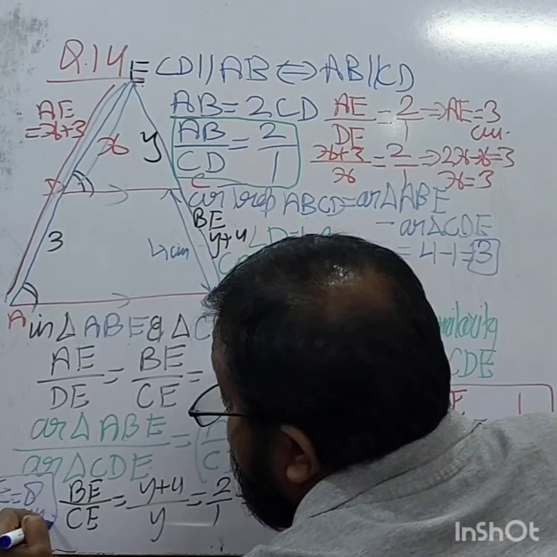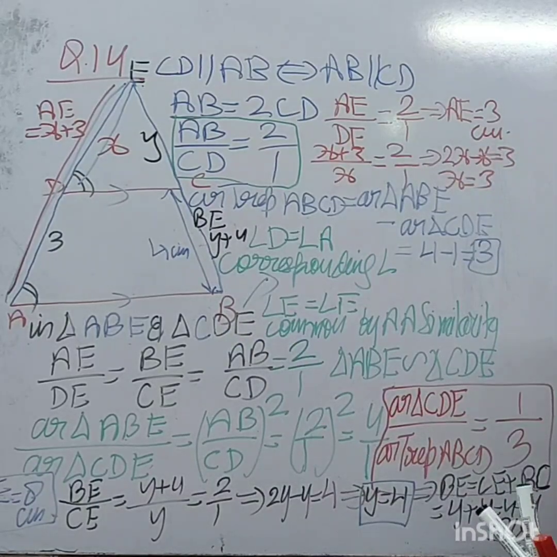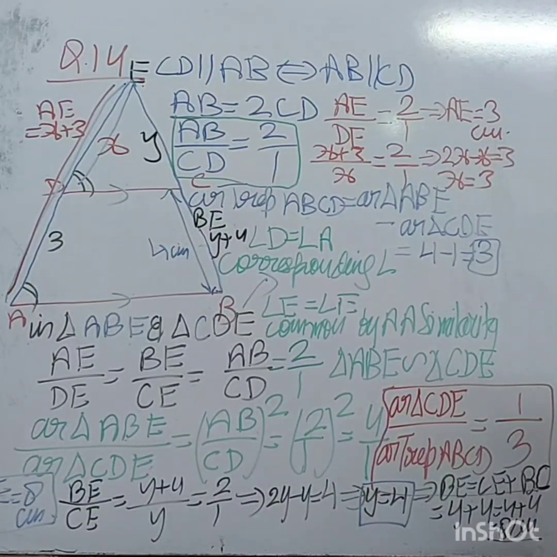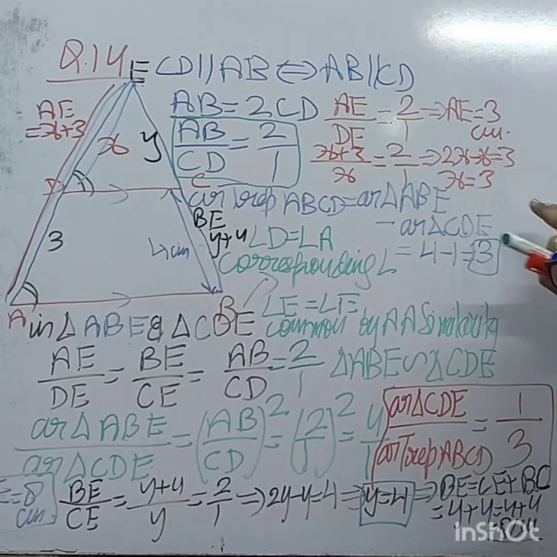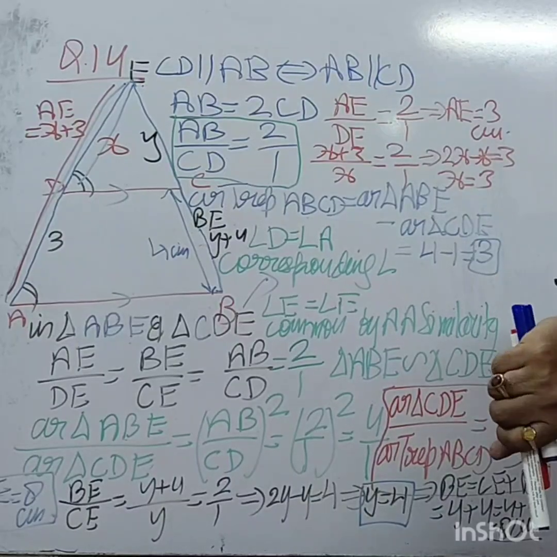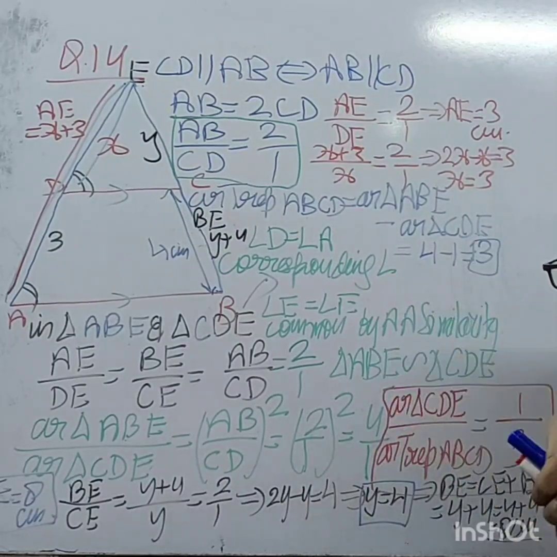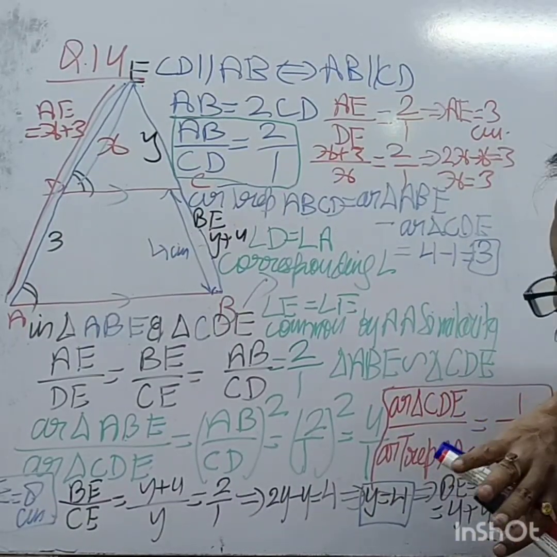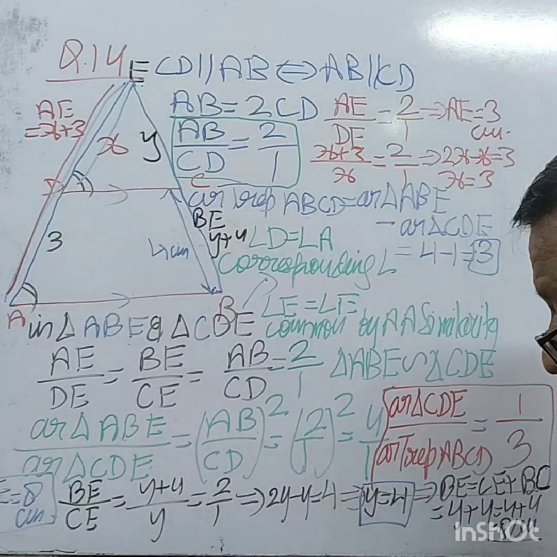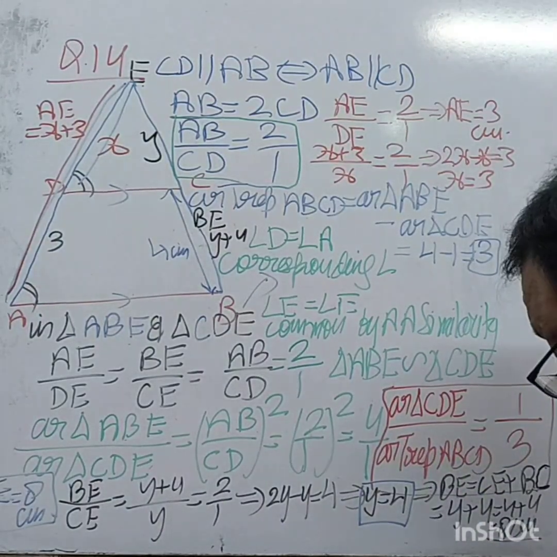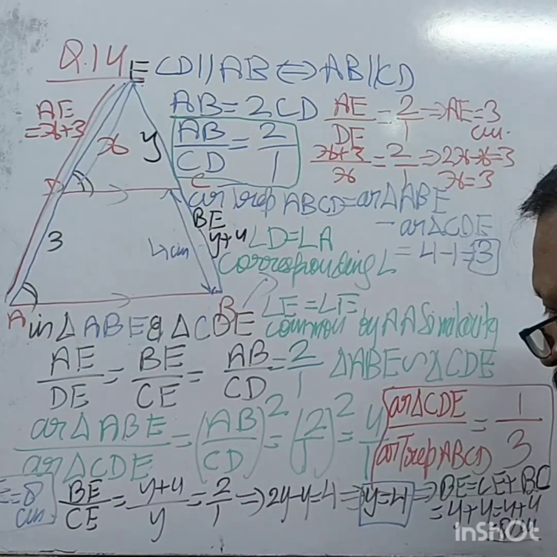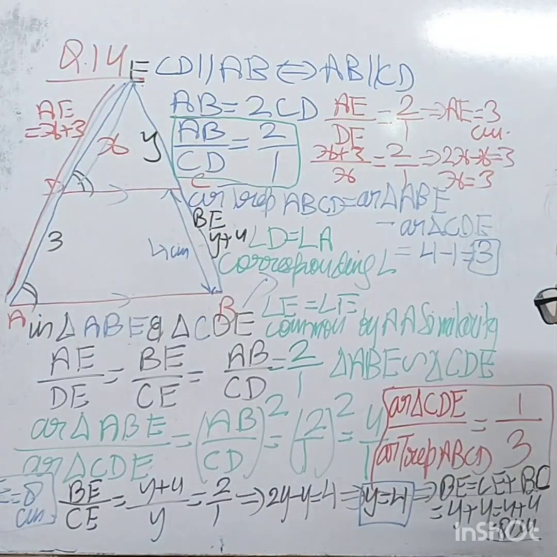And we have this, 1 upon 3. This is x. So you have to find BE and ED.